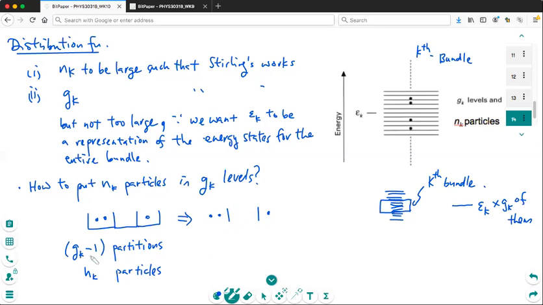So I have G sub K minus 1 partitions and N sub K particles. This question is equivalent to asking how do I arrange G sub K minus 1 lines and N sub K circles along a straight line, just like this. I have some pictures here.